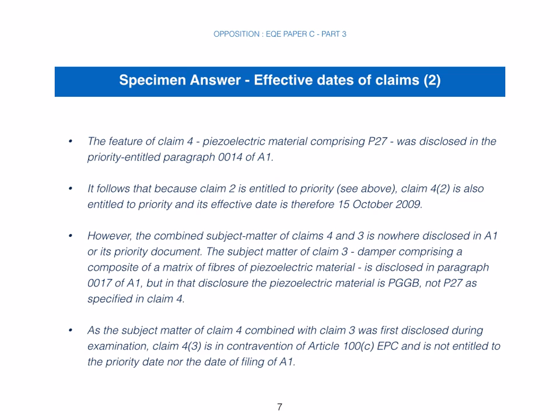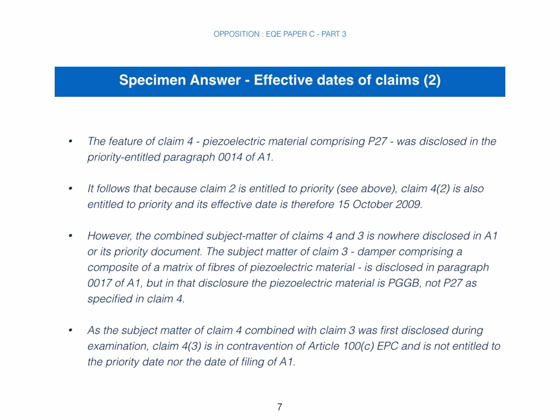The feature of claim 4, piezoelectric material comprising P27, was disclosed in the priority entitled paragraph 14 of A1. It follows that because claim 2 is entitled to priority, see above, claim 4.2 is also entitled to priority, and its effective date is therefore 15 October 2009.